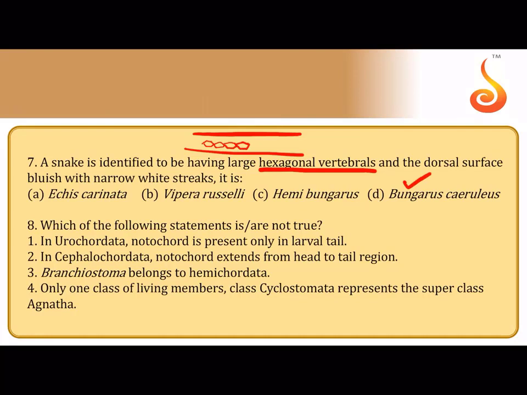Bungarus ceruleus is commonly called the krait, and Hemibungarus is the coral snake, and both of these are venomous. So the identifying feature, if you look at the back of the snake, you will see these enlarged hexagonal vertebral scales, and this will tell you that it is a krait.